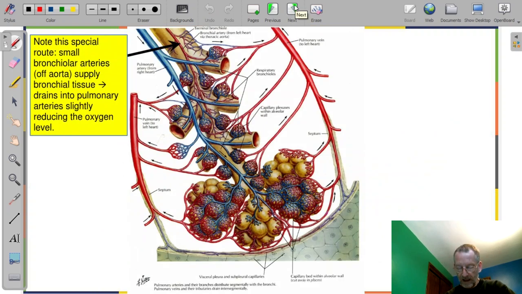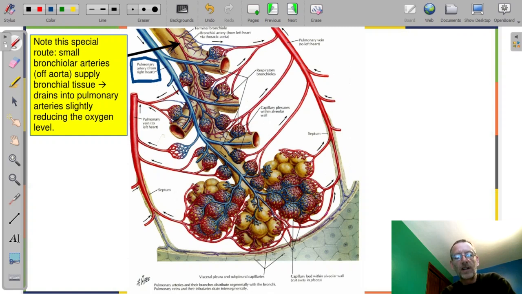This slide shows the details of the blood supply to the alveoli. There are 2 blood supplies. The major one is the pulmonary circuit. So in blue we have the pulmonary arteries, a division of it, branch of the pulmonary arteries.